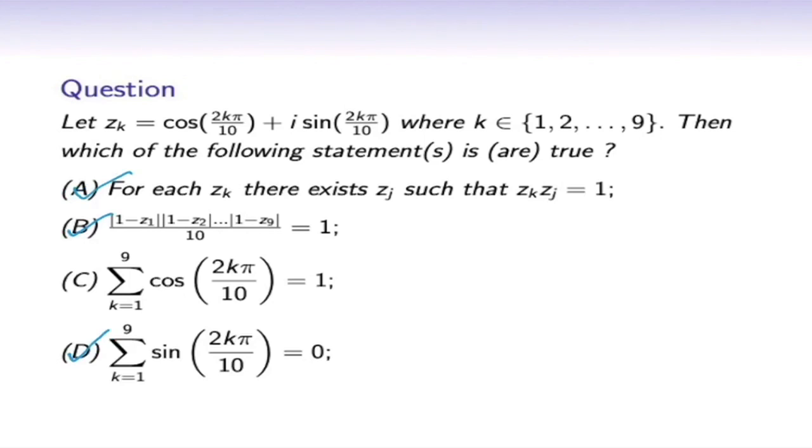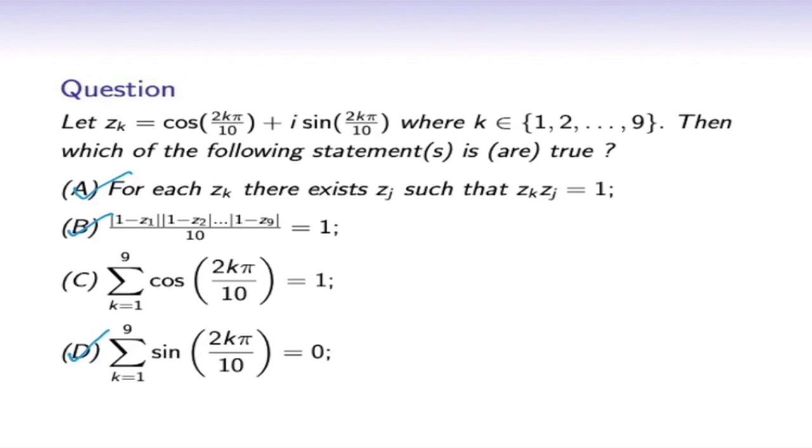Before proceeding further, I would like to ask a question. What will happen if you replace 10 by an arbitrary positive integer? Which of the options among A, B, C and D are still true?